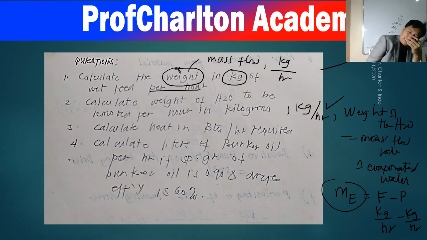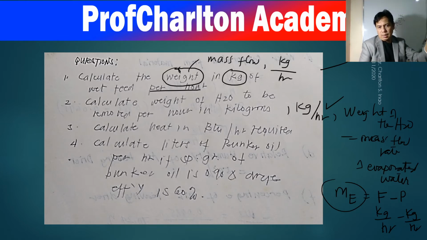The heat that is being asked is the heat output of the steam that is going to be used as a supply to the dryer, meaning the output of the steam or the heater that is going to be the input to the dryer.